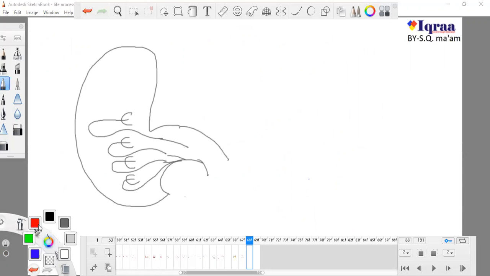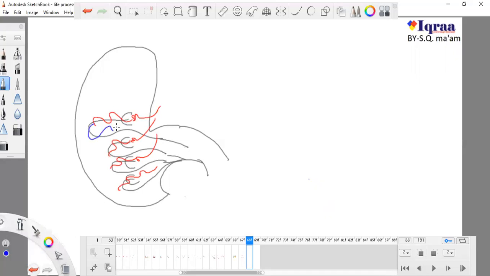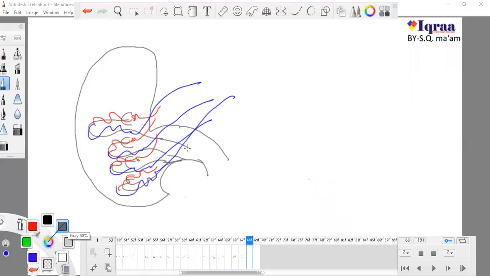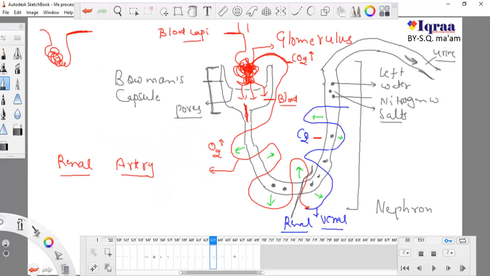What happens before this? This will come, this will come, and it will go its way and open into the ureter.